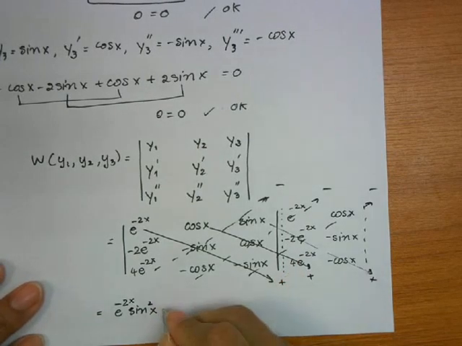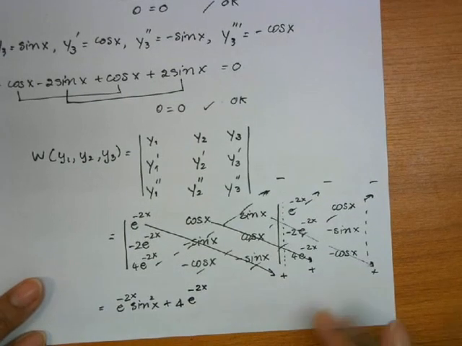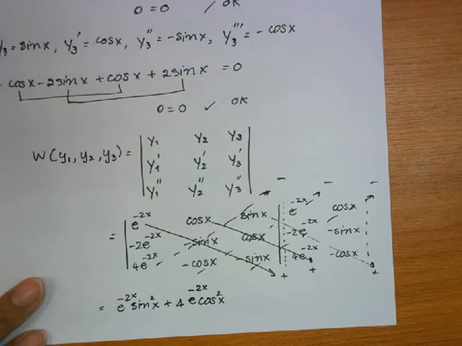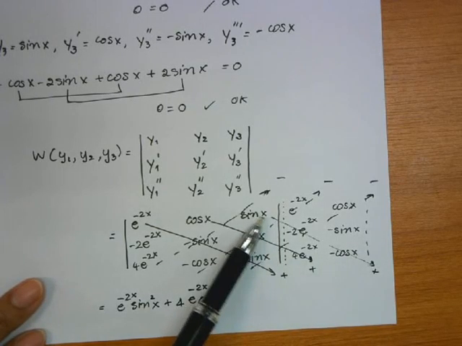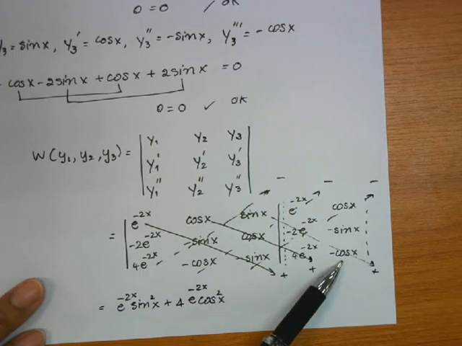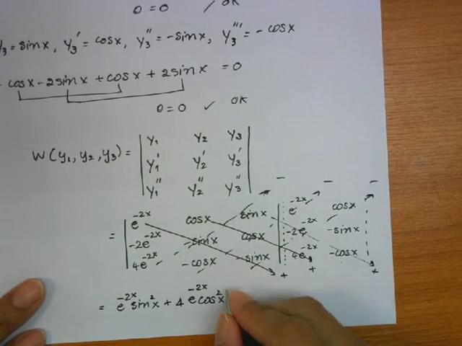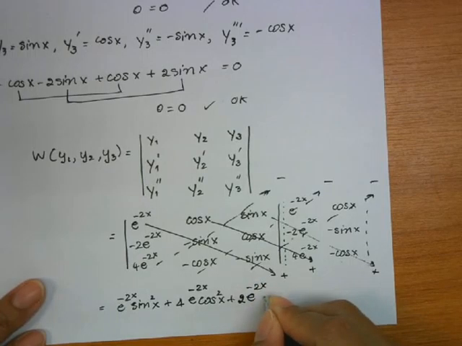You would get plus 4 exponential of minus 2x times cos square x. The third term is sin x times minus 2 exponential of minus 2x times minus cos x. So, minus and minus is a plus 2 exponential of minus 2x sin x cos x.